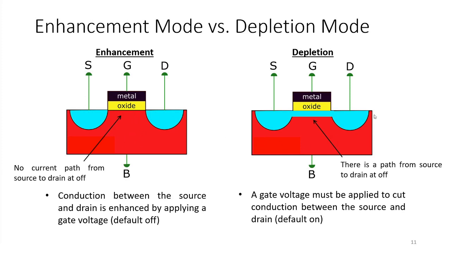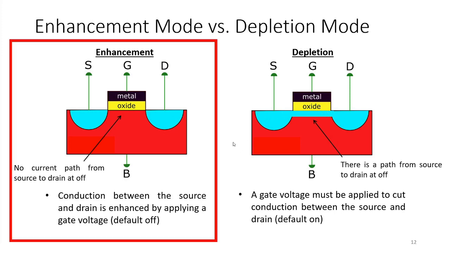And then there's a depletion mode type of MOSFET. A gate voltage must be applied to cut conduction between source and drain. So this is the default on MOSFET. That means if the gate is 0 or grounded, there is a path between source and drain. Okay? So for this course, we will only consider enhancement type MOSFETs.